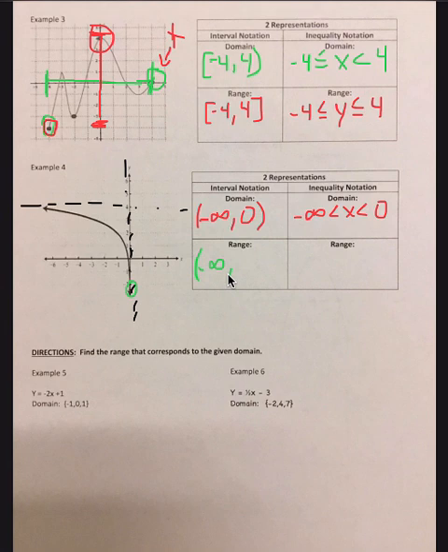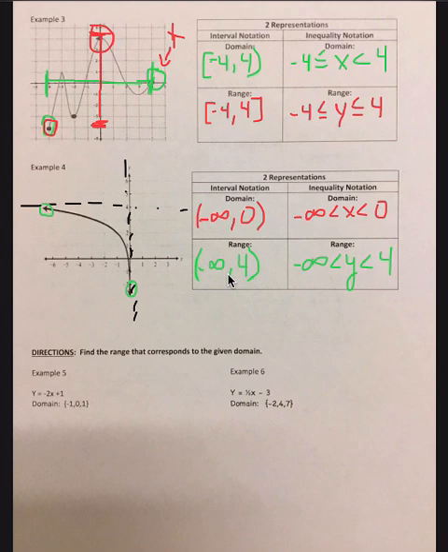And then here it's coming up, but it's not going to cross this dotted line. Because it approaches it but never touches it, it gets close to 4 but never touches it. So we would say it ends at 4 and it's open. So the range would be negative infinity less than y less than 4.